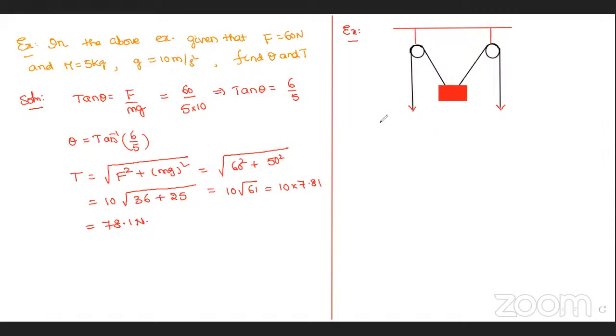If those two are pulled down with the same velocity by holding the two ropes simultaneously, then with what velocity will the weight go up? Or if both are pulled down with the same acceleration a, what will be the acceleration of the weight? That's what I'm asking here.